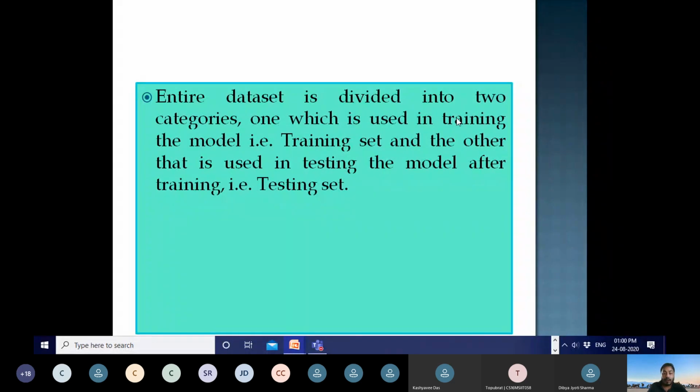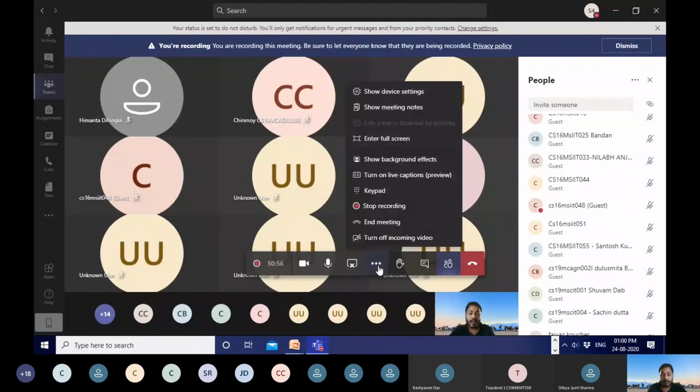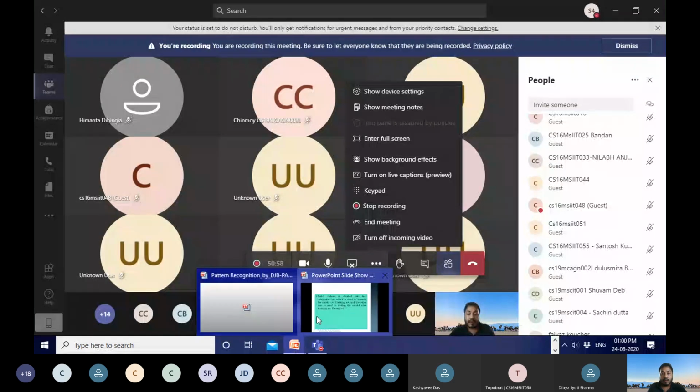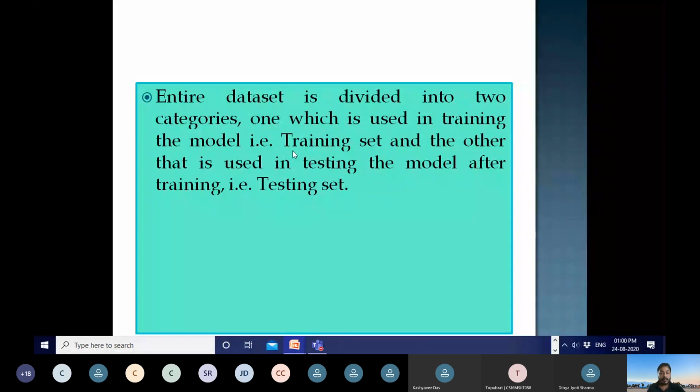So I already told you why we should go for training, but I'm again going to explain this. So overall, whenever we are collecting some data, suppose I have collected 10 data points, so I'm not going to feed the whole data points at a time.